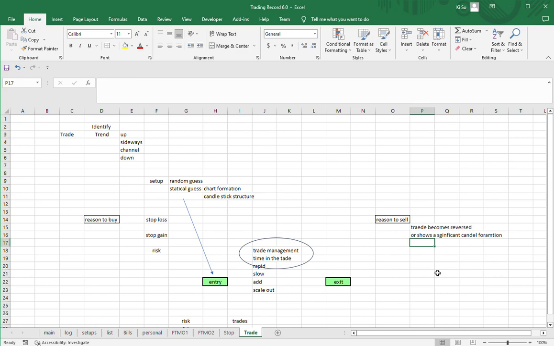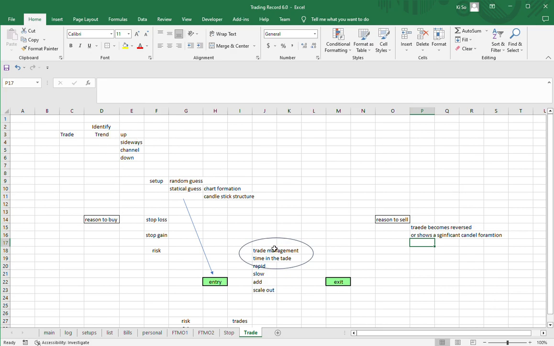So these are things that I need to be mindful of. And so in order for me to keep track of all this, I have to make only one trade at a time. By trading one at a time, I can have a better chance of making the right trades.